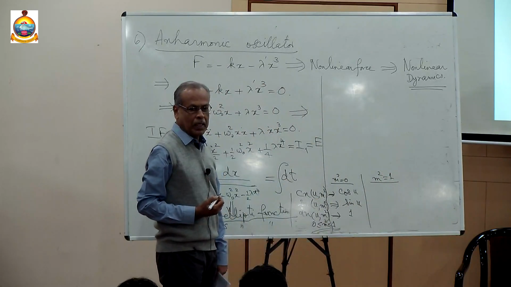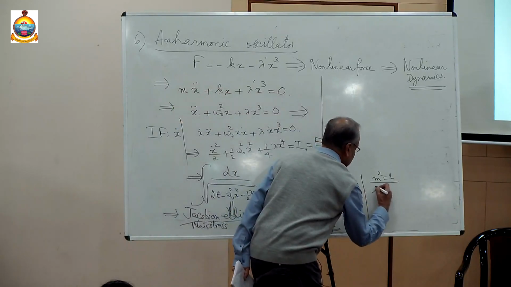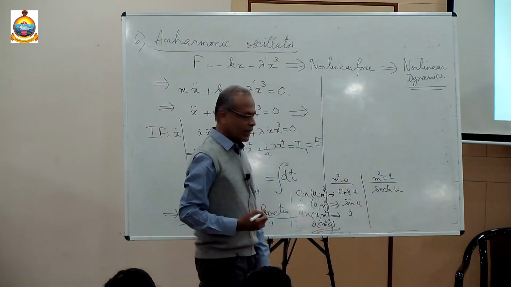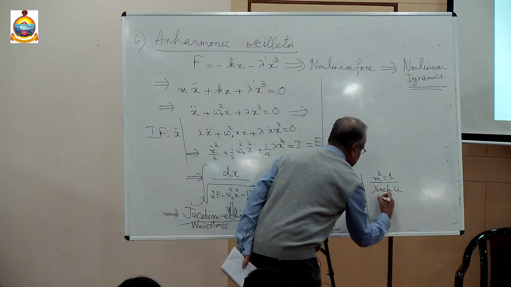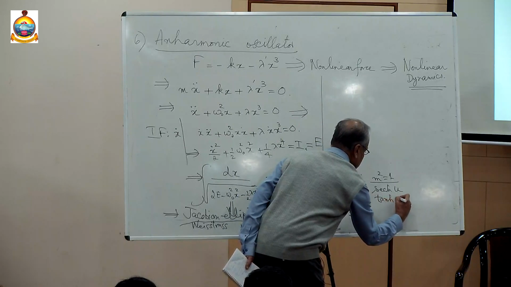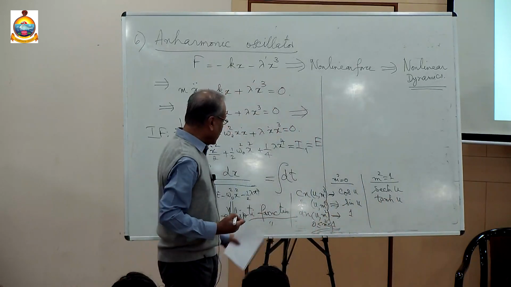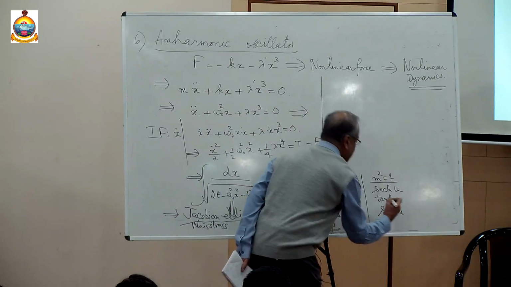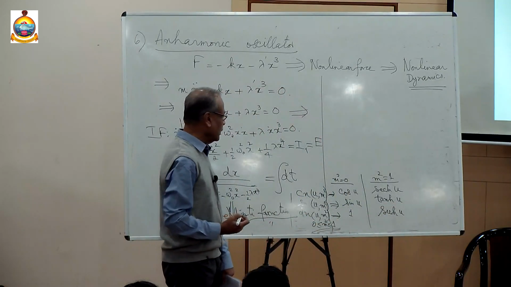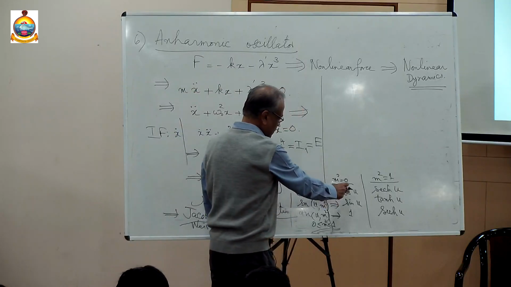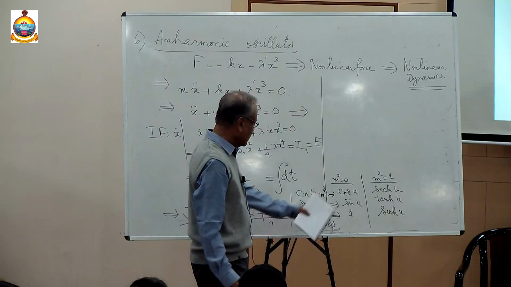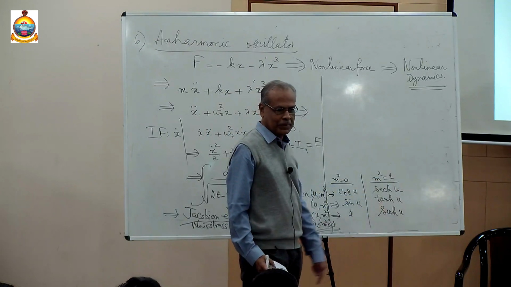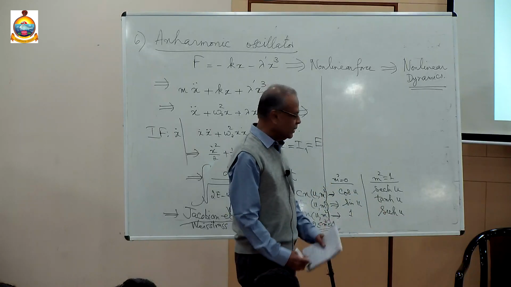Cn becomes the hyperbolic function, secant h u. Sn becomes tan h u. And Dn becomes again secant h u. Cos u is periodic with 2 pi by omega naught, okay, the standard functions. But secant h u, tan h u, what kind of functions are they?